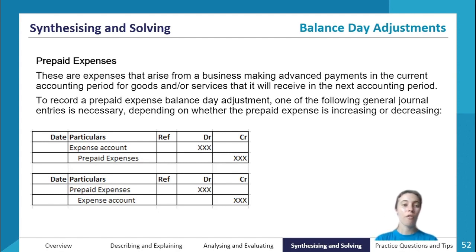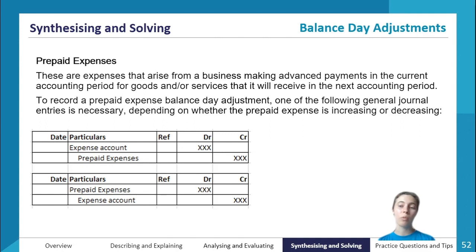In terms of prepaid expenses, we're now up to looking at balance day adjustments, and we listed those earlier. So prepaid expenses is one of them. It's an asset. These are expenses that arise from a business making payments in advance.